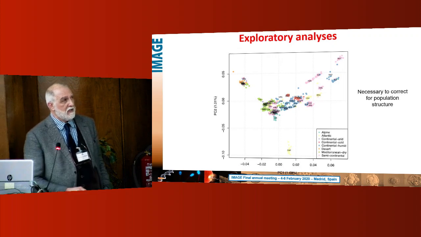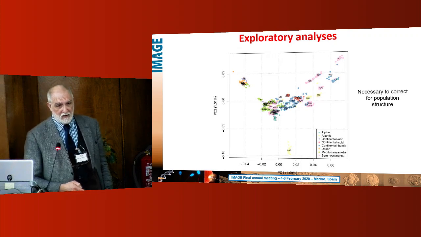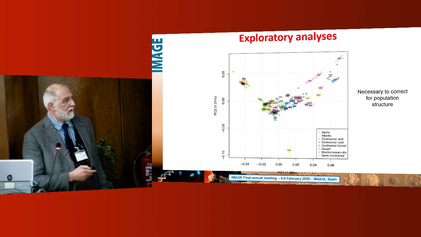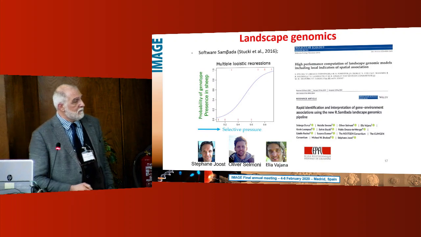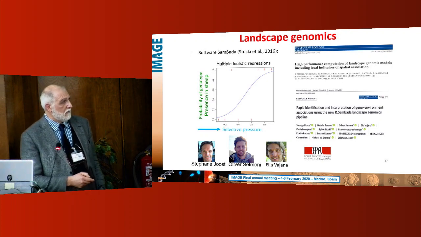So it was necessary to correct for population structure to identify candidate genes. We did that with landscape genomics. That experiment was run at EPFL.